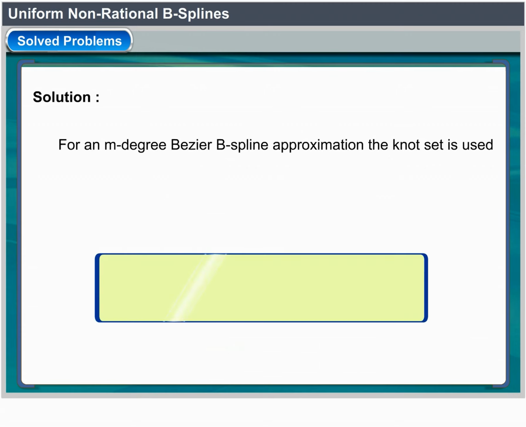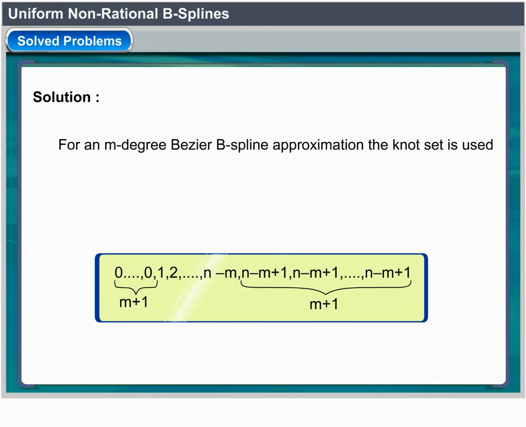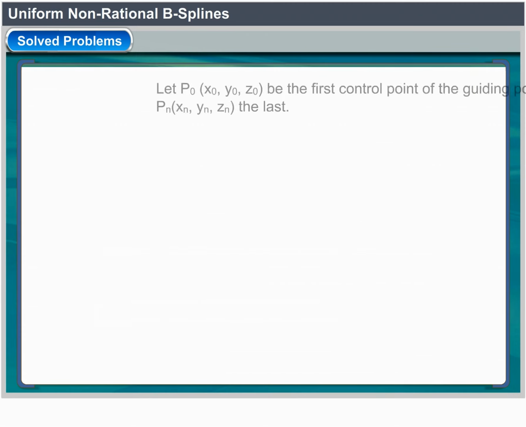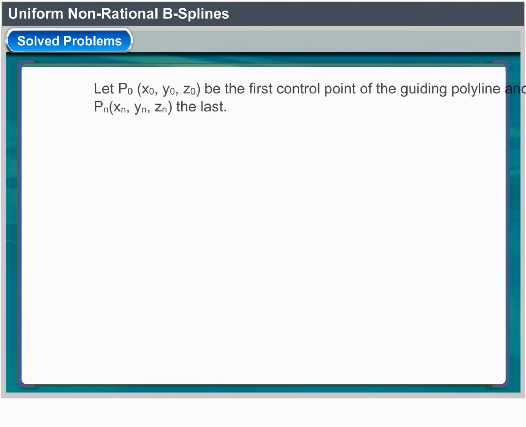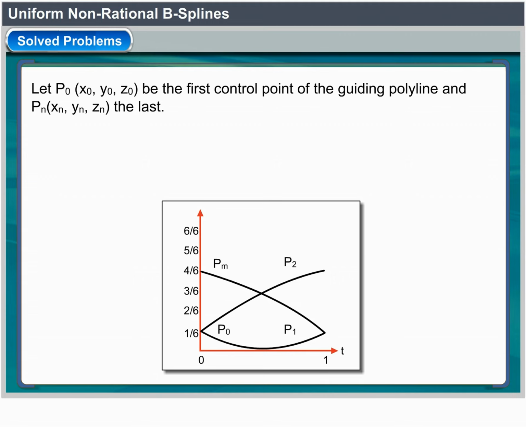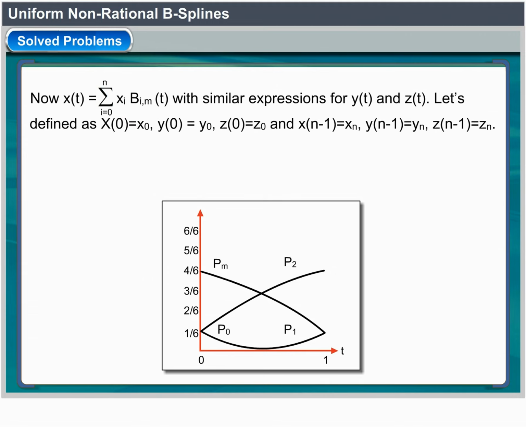Let P0 = (x0, y0, z0) be the first control point of the guiding polyline, and Pn = (xn, yn, zn) the last. Now x(t) equals the sum from i equals 0 to n of xi Bi,m(t), with similar expressions for y(t) and z(t).